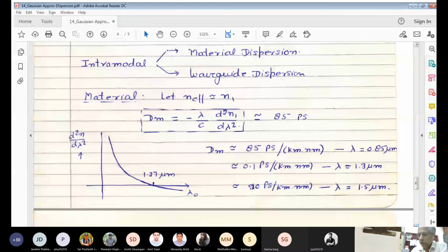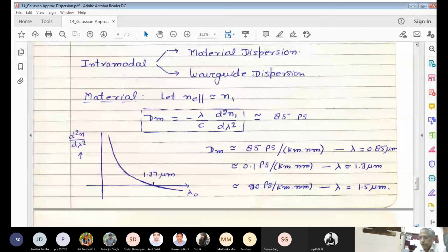This should be 85 picosecond per kilometer nanometer. So if you have 1 kilometer length of the fiber and the bandwidth of the pulse is 1 nanometer at the input end, then you would have 85 picosecond pulse broadening.